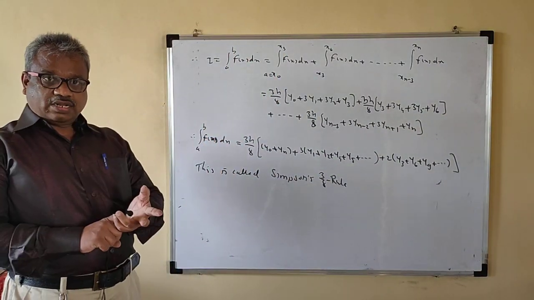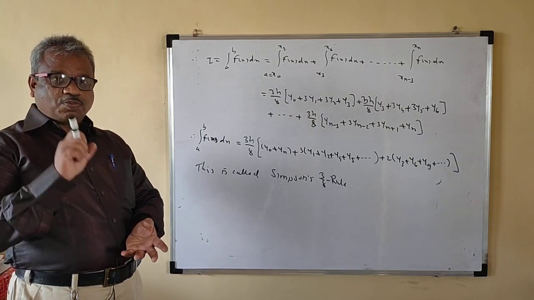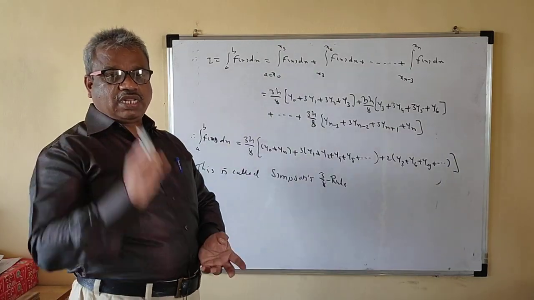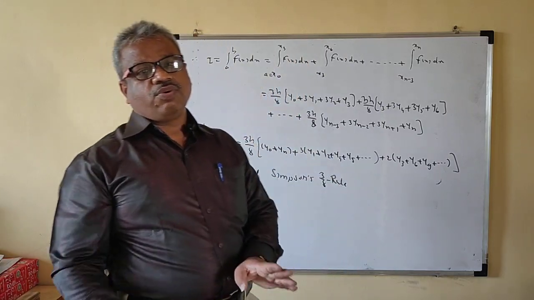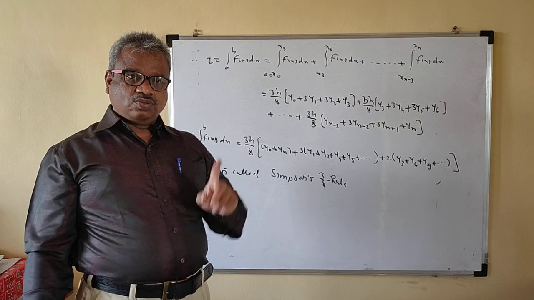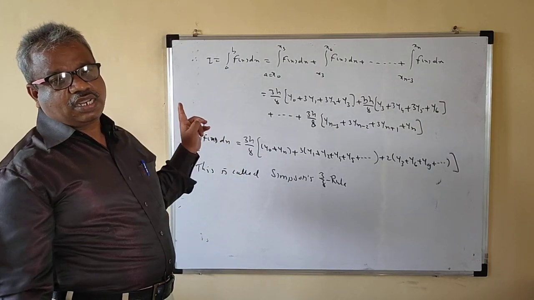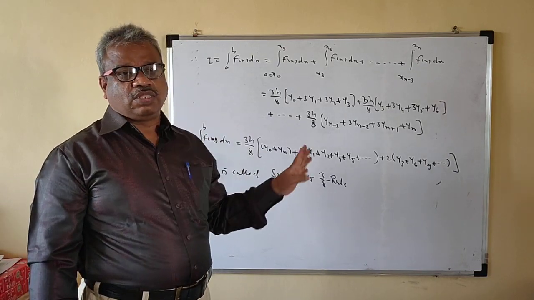Note that if you want to evaluate the integration with the help of Simpson's 3/8 rule, your n must be a multiple of 3. If n is not a multiple of 3, then you cannot apply Simpson's 3/8 rule. If n is not even, then you cannot apply Simpson's 1/3 rule.